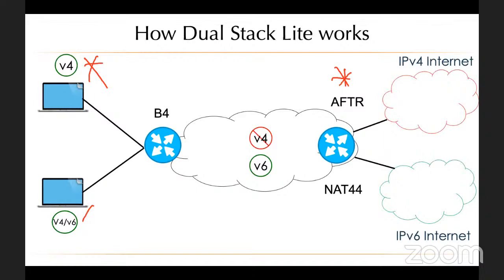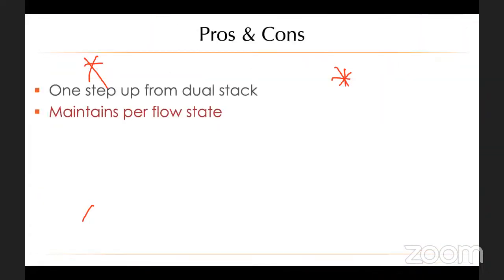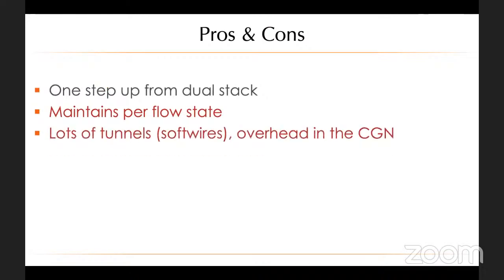So when you talk of the AFTR maintaining per flow state, and this sometimes is needed for legal reasons, right? You have to maintain all the customer information in your network. And then also you have lots of tunnels or the softwares. So whenever you're using the tunnels, imagine if you have 1,000 customers.